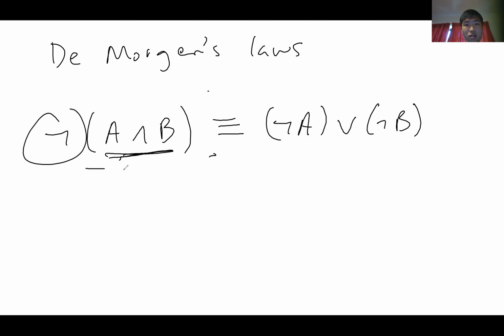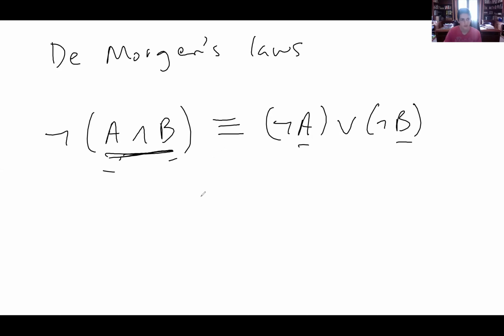For the equal sign, it's like three lines, that means they're equivalent. So if I assign the same truth values to each of the sentence symbols on both sides, then both sides will have the same truth value.